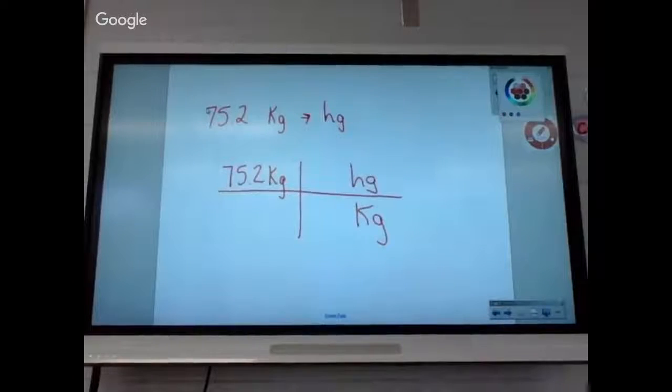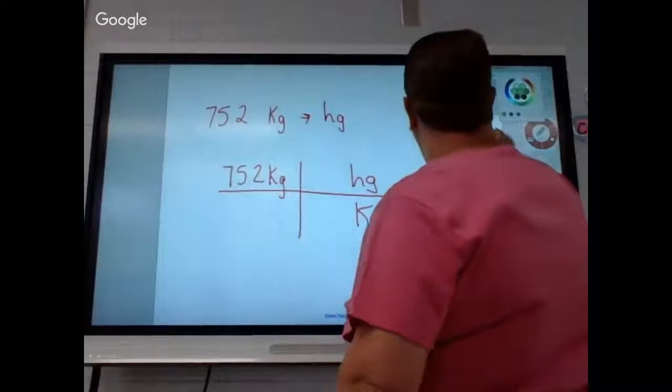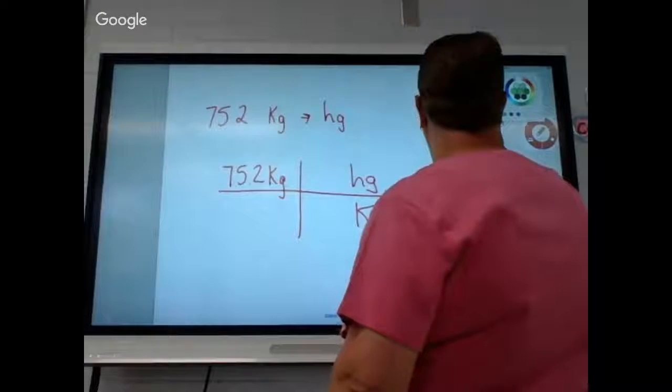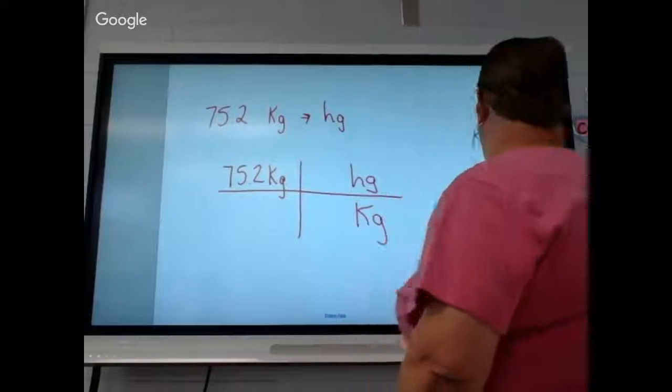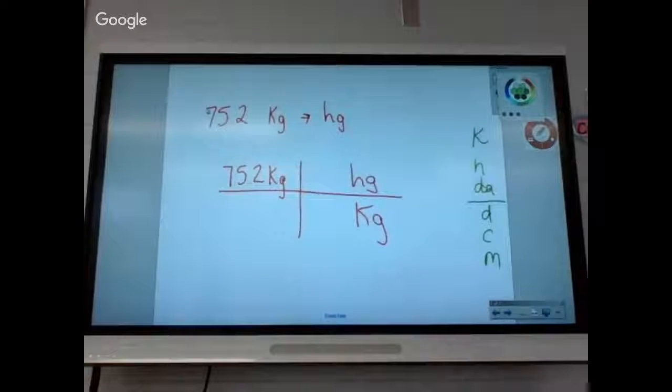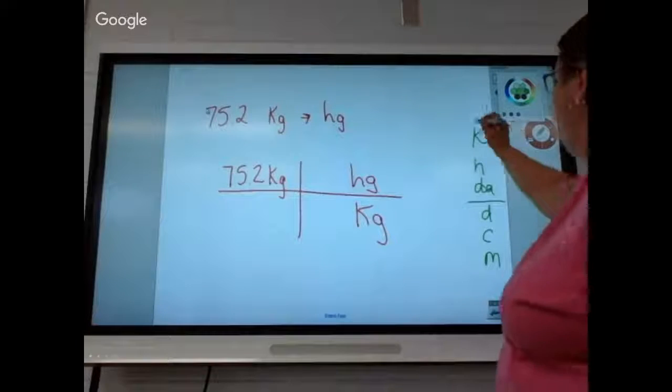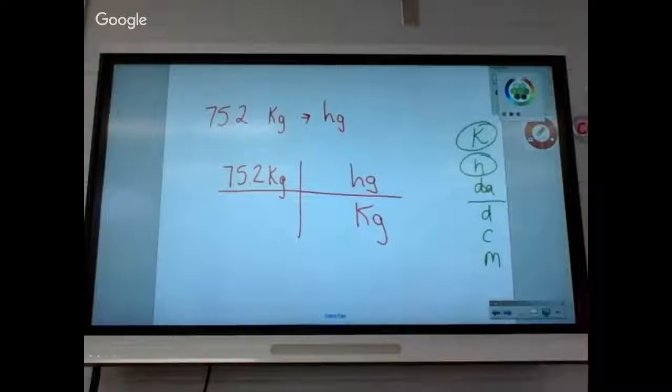Isabel. Find out which one's the big one. Now we want to find out which one's bigger. So who's bigger? You still think HG?